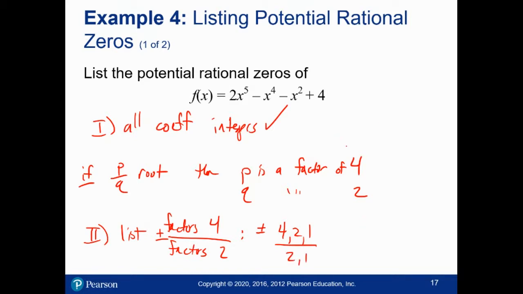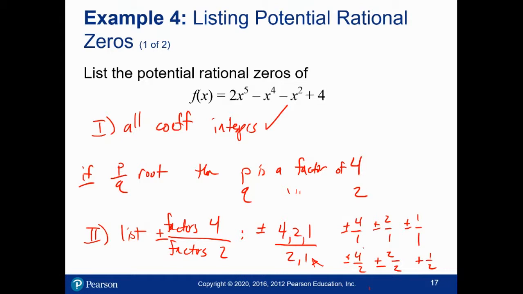And the way I tend to like to do this is I take the smallest denominator possible and then list out all the possible numerators, and then I look up to the next possible denominator. So if I make my denominator 1, I could have plus or minus 4 over 1, plus or minus 2 over 1, plus or minus 1 over 1. If I made my denominator 2, I could have plus or minus 4 over 2, plus or minus 2 over 2, or plus or minus 1 over 2.